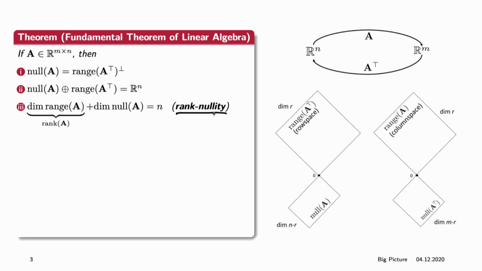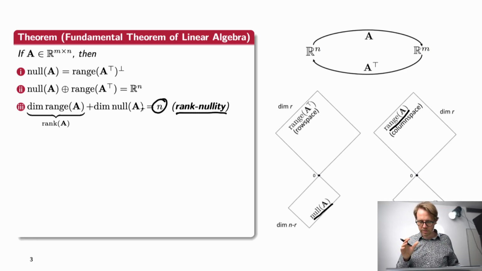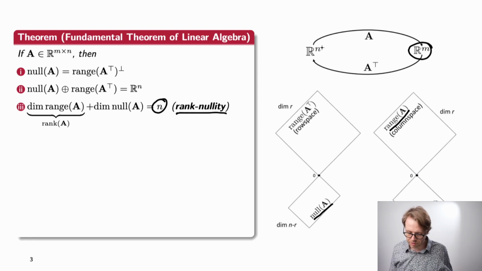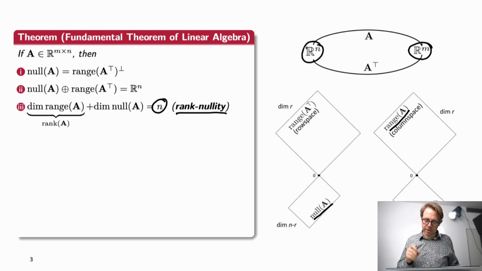The dimensionality of the range of A, namely of this part here, plus the dimensionality of the null space of A equals n. Now, this is a little bit funny because the range of A, of course, is a subspace of Rm, not of Rn. So we get there by taking a vector and multiplying it by A.